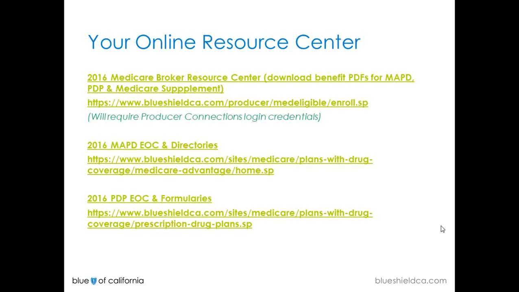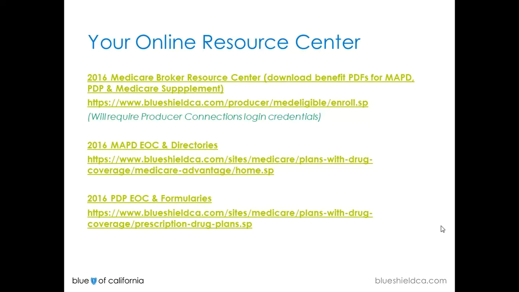The first one is actually through our Producer Connections website. That is our Medicare Broker Resource Center, and we have a lot of information on that website. You can download all the PDFs, applications in multiple languages, and also we have announcements and producer alerts, in case you don't get to read all the producer alerts that come through email every day, you'll be able to find them in Producer Connections.